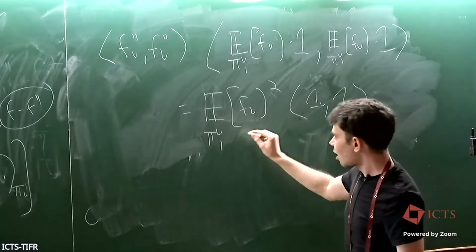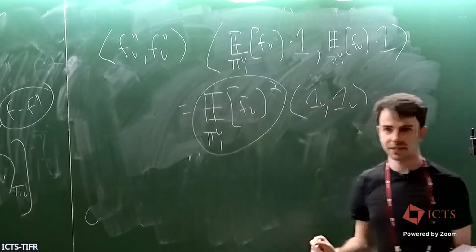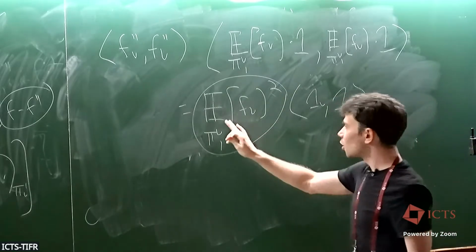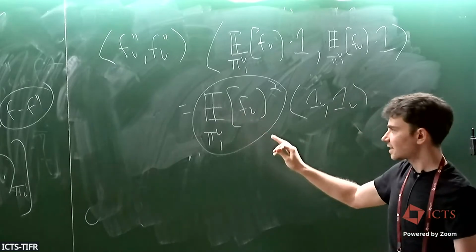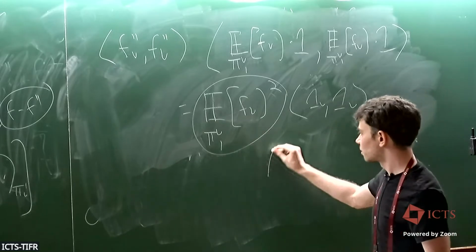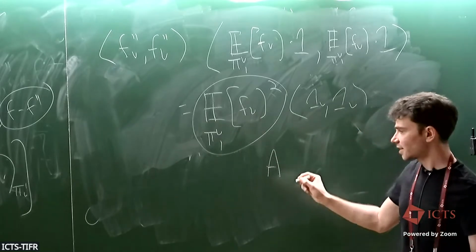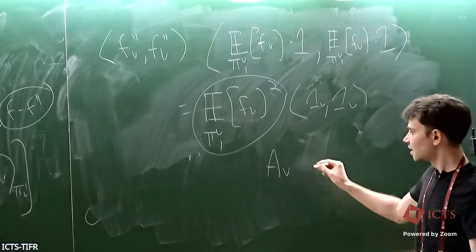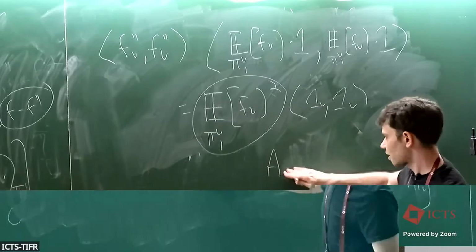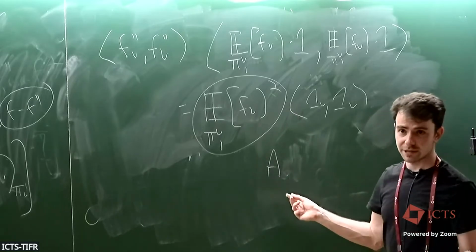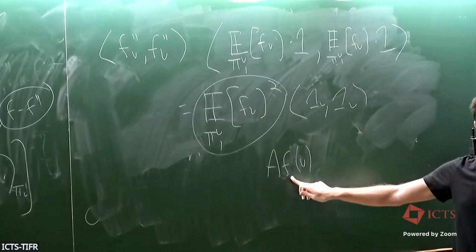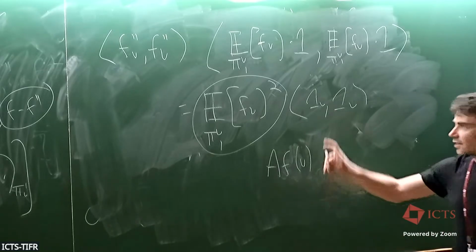Okay, how am I going to show that this is small in expectation? The trick is to remember that the local expectation of F is exactly how the action of the adjacency matrix is defined. So we define the weighted adjacency matrix, this time A_V, the one skeleton adjacency matrix A, to say that AF of V is the expectation of F around the local neighborhood of V. That's exactly what this is.